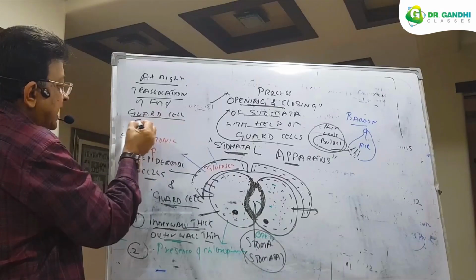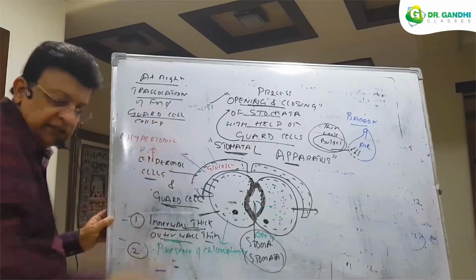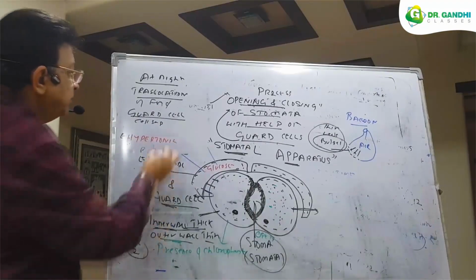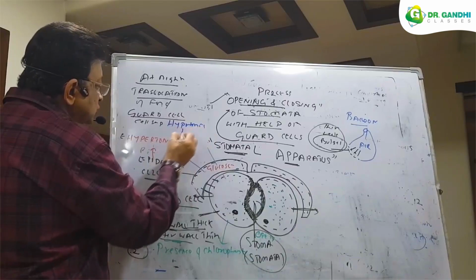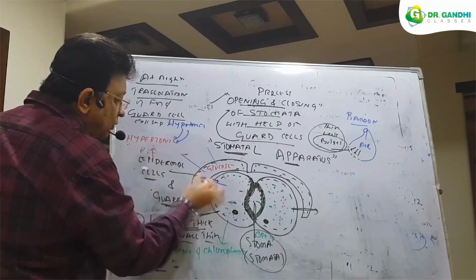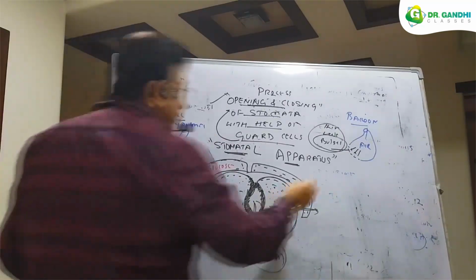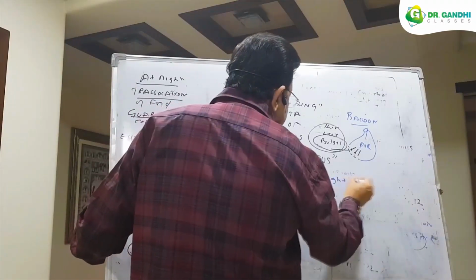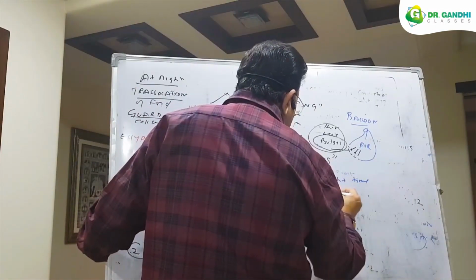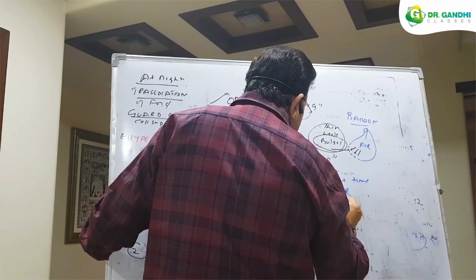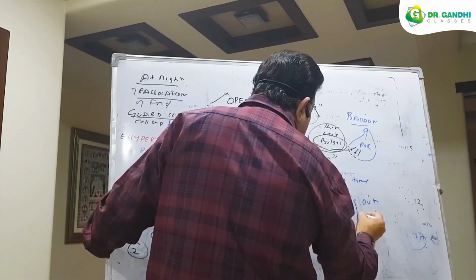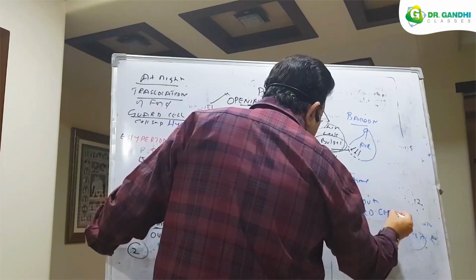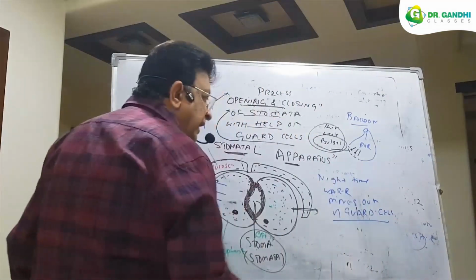And you know now, water goes from hypo to hyper. So water leaves the cell. So at night time, water moves out of guard cells, and the opposite of turgid happens.